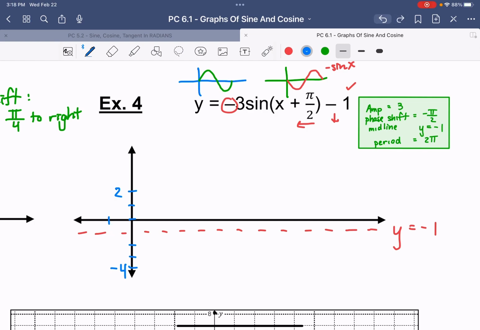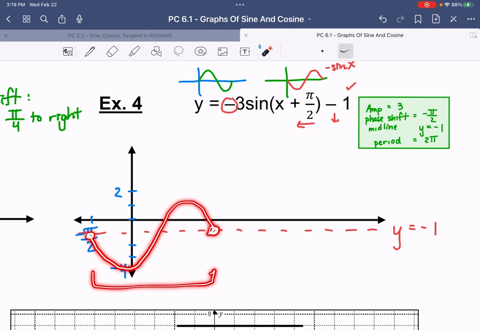Let me move this over a bit. And I know I have to start on the midline, come down, and end 2 pi later. So where should I be ending?